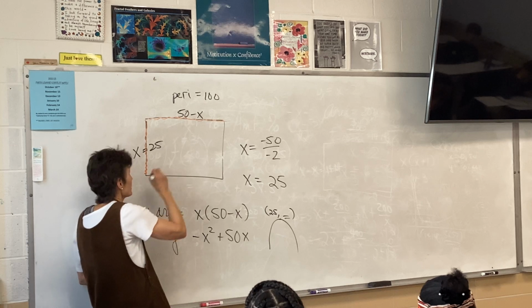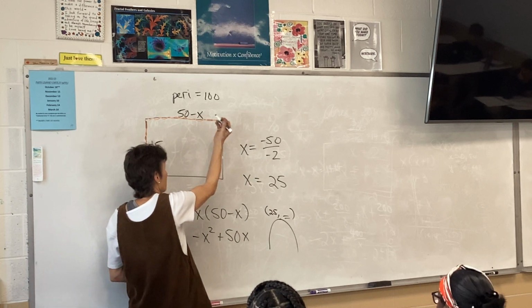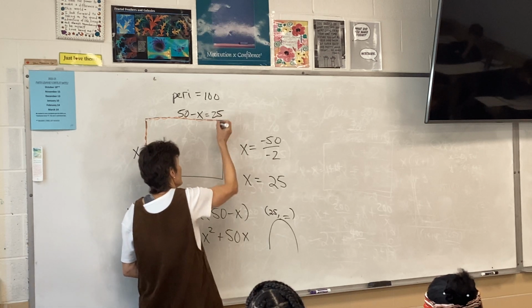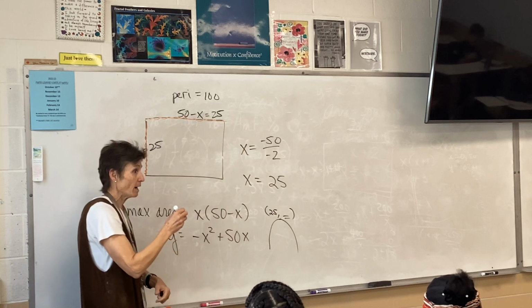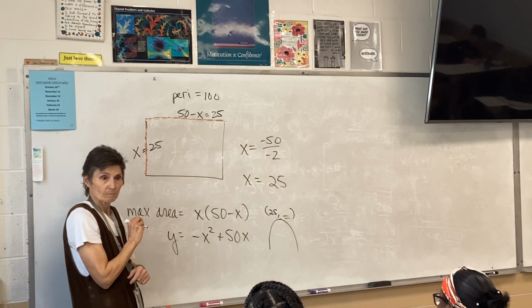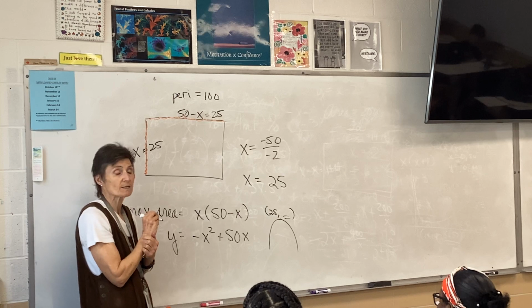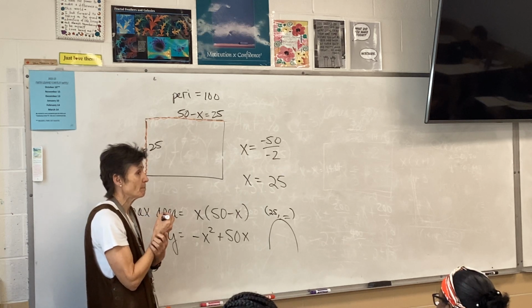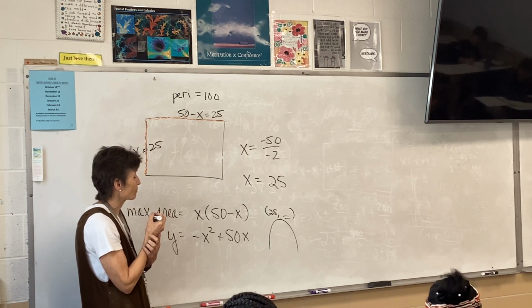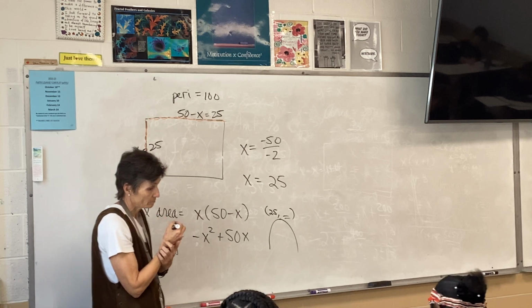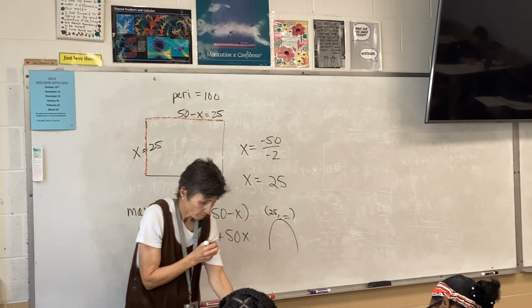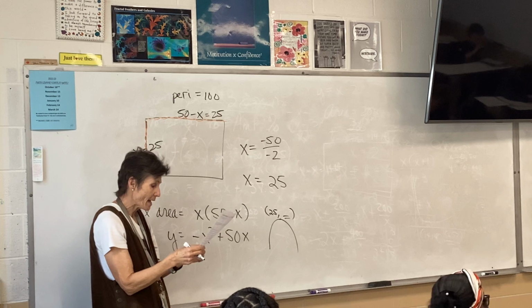Yeah. So what's the other dimension going to be? Also 25. So the maximum area is a square, right? 25 by 25. So the dimensions are 25 by 25. I think that wasn't too bad.